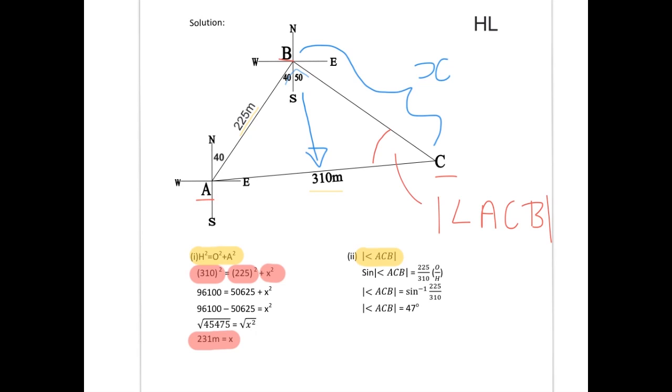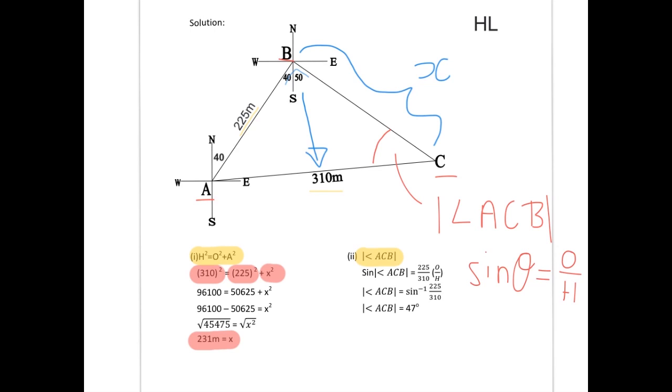Now, since we know all of our sides now, we can use any of the sine, cos, or tan rules. We just have to keep in mind what we label as H, O, and A. So in my answer, I'm just going to use the sine rule. So I'm going to use sine of our angle, call it theta, is equal to O over H.